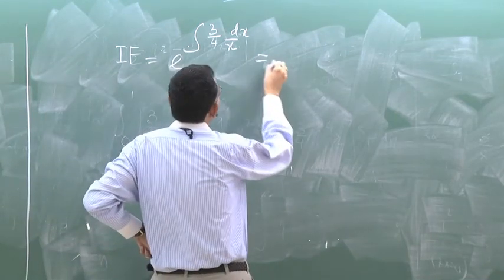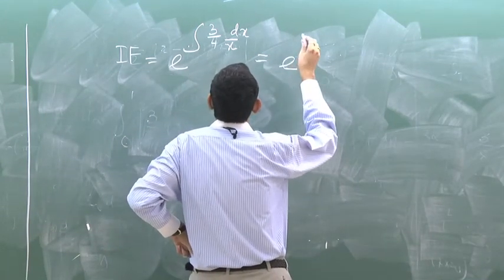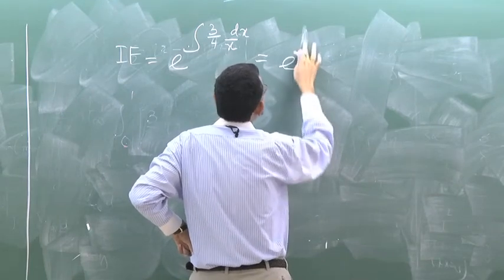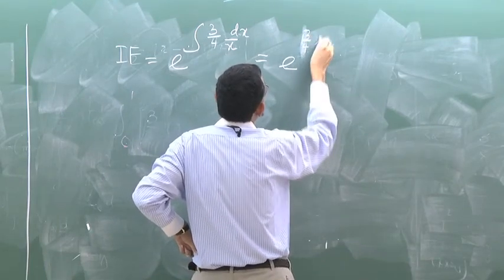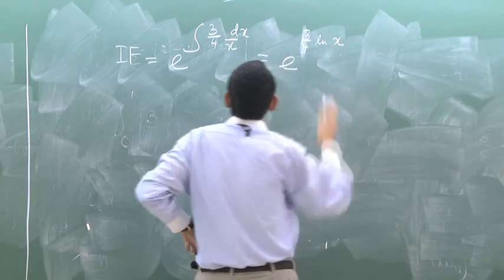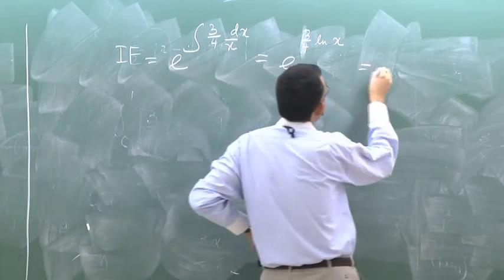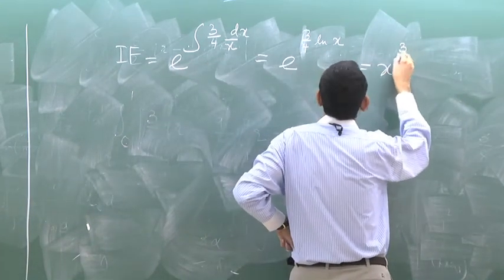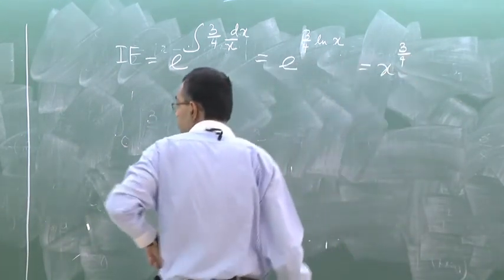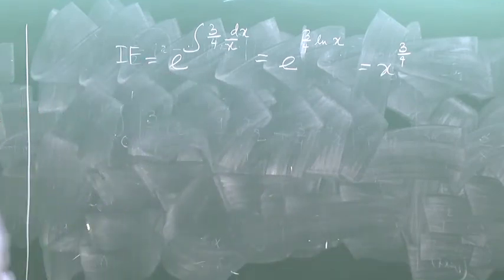So e to the power 3 by 4 ln x. So x to the power 3 by 4, right.